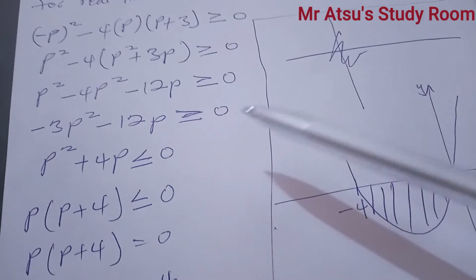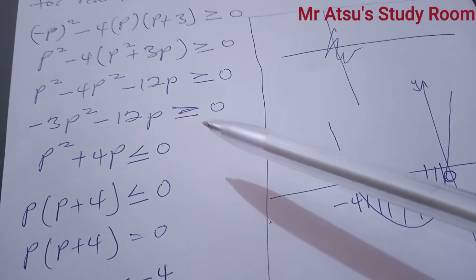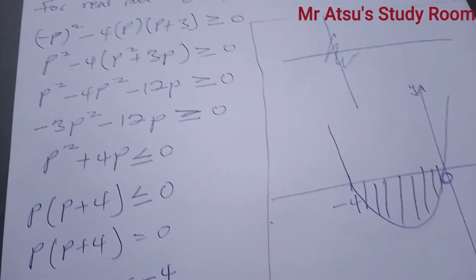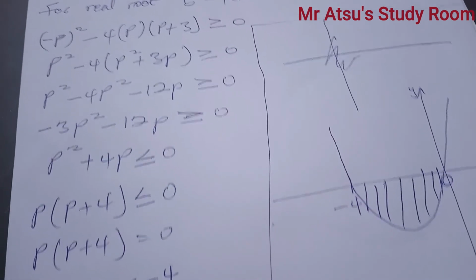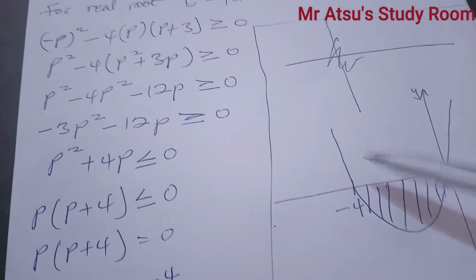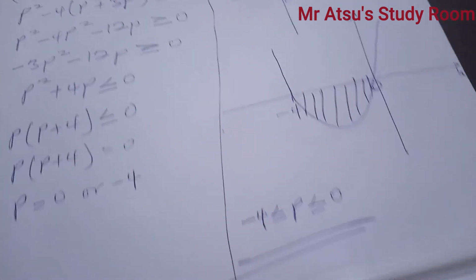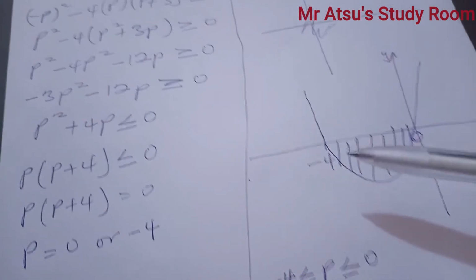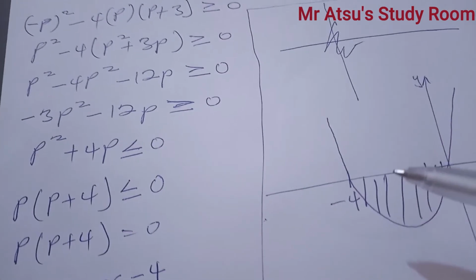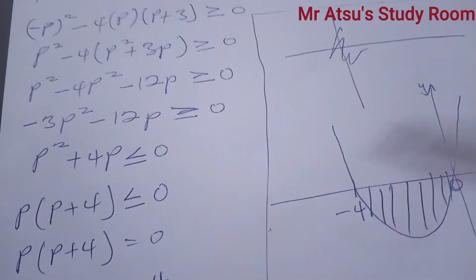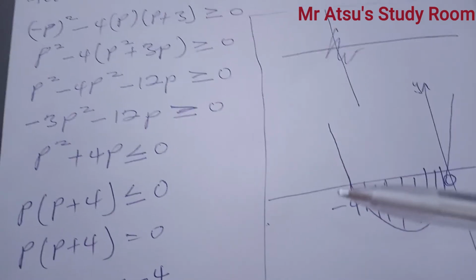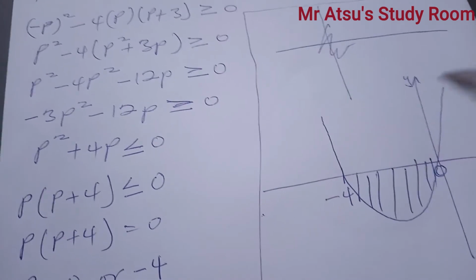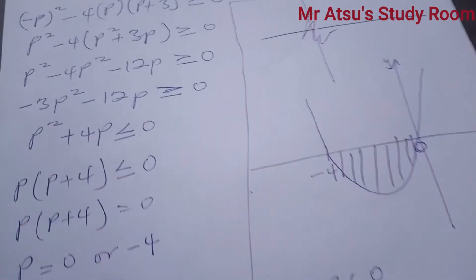And then also, because of the greater than or equal to that remains, you are going to shade the top of the curve, which after doing, you are going to get the same answer we got here. Anyone confused about this can just go back to my video on quadratic inequalities. These things have been explained very well in that one. I think we can move on to the next question now.